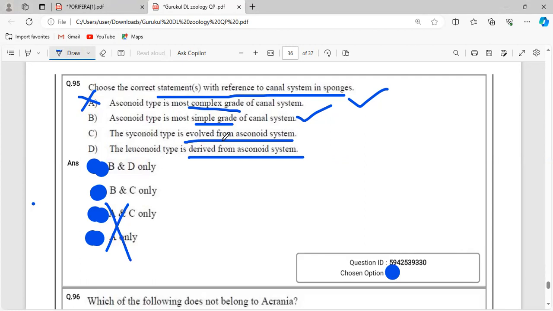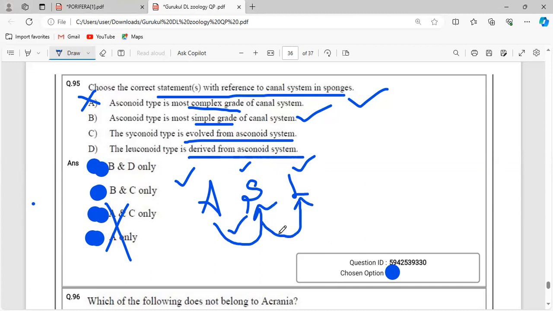And the syconoid type will be evolved from the asconoid system, and leuconoid type will be evolved from the syconoid system. This point also I have explained multiple times. See, there are different types: asconoid type, syconoid type, and leuconoid type. This is the most simple type, and this is the most complex. From this ascon type, the sycon type will be evolved. From this sycon type, this leucon type will be evolved.